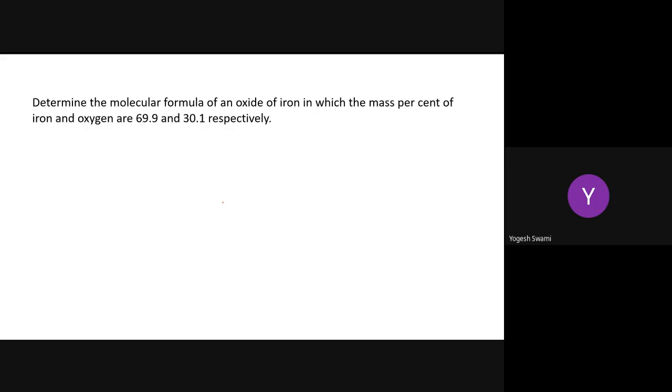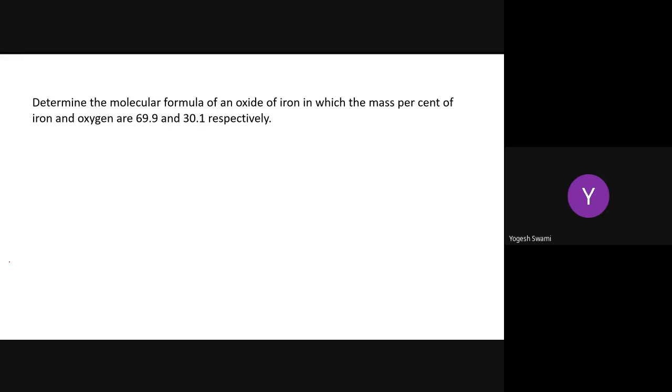Now put your eyes on this numerical. Determine the molecular formula of an oxide of iron in which the mass percentage of iron and oxygen are 69.9 and 30.1 respectively.